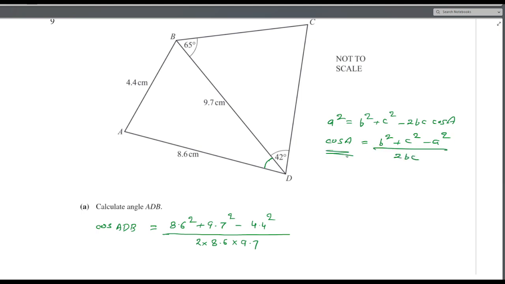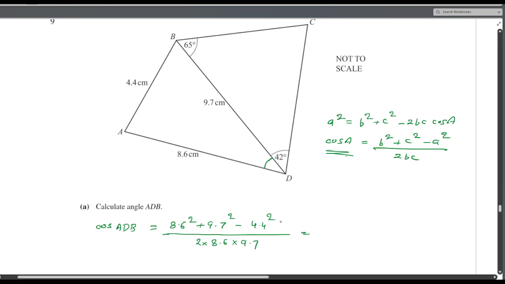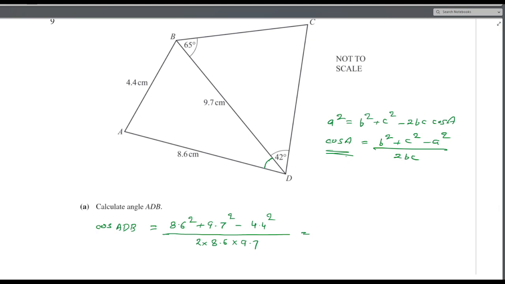Here I have directly used this concept. Now, I want the ADB answer. So 8.6 square plus 9.7 square minus 4.4 square divided by 2 times 8.6 times 9.7.